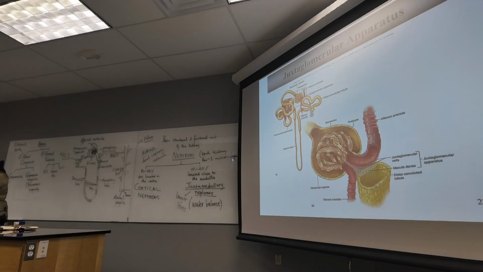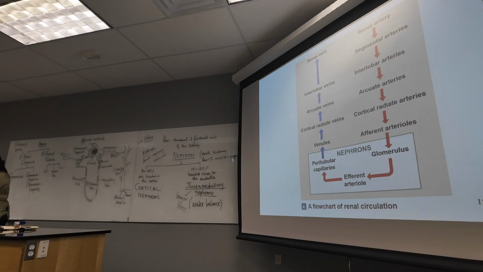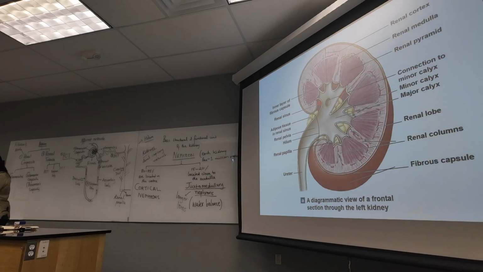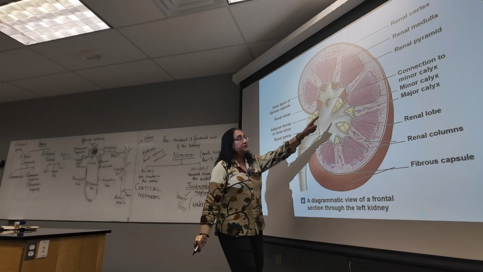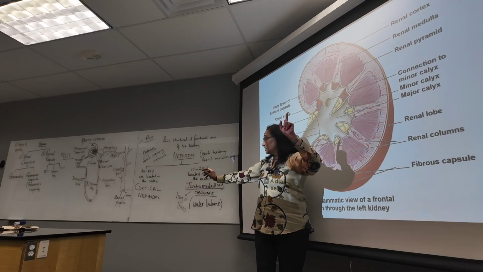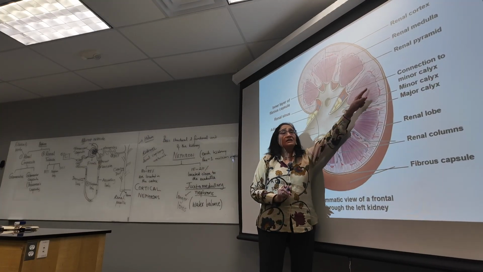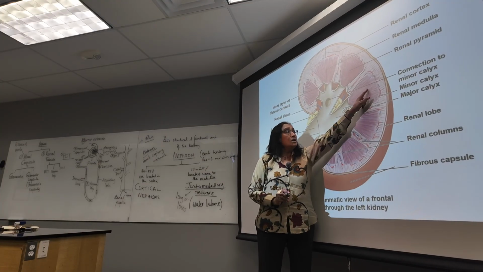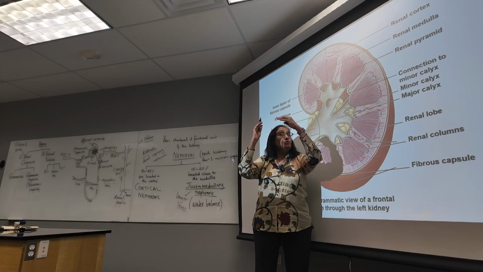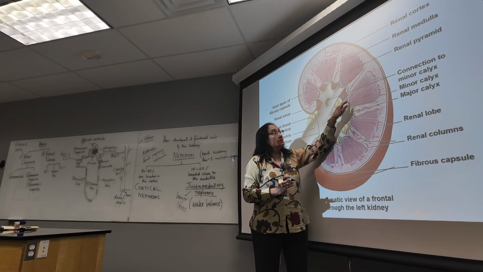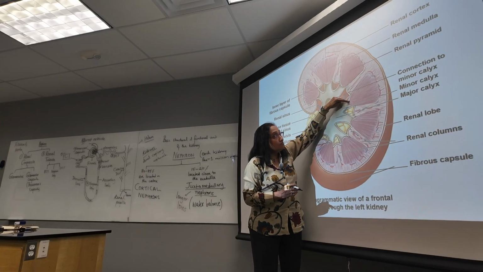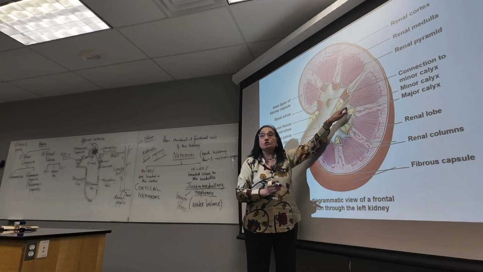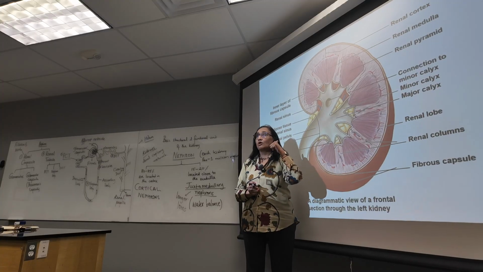So let's go back to this. The tip of the pyramid is where you have the opening of the collecting duct. Up until that point, a lot of changes are going to happen to whatever has been filtered. The moment the filtrate comes out of the collecting duct into the minor calyx, it is called urine.